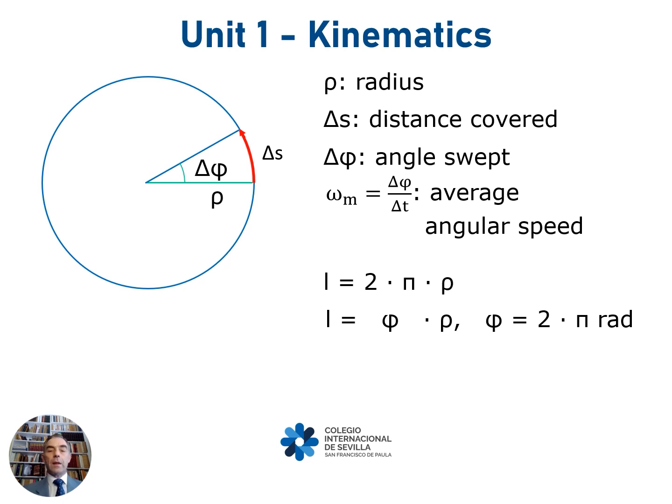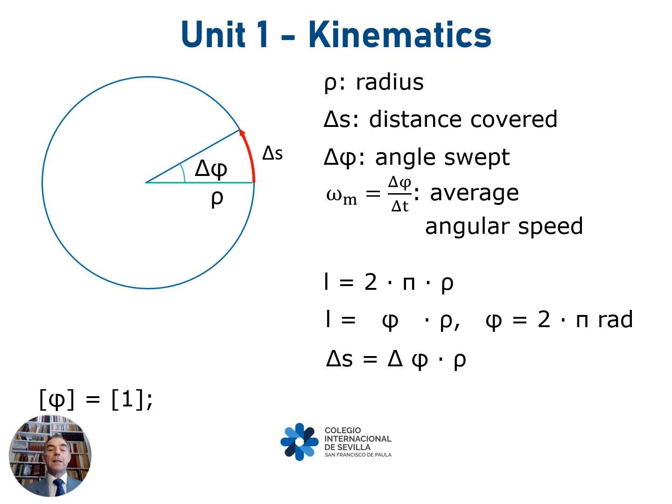So, given that the length of the arc is the angle times the radius, we could say that for any circular motion, delta S, the distance covered, equals delta phi, the angle swept, times the radius. The angle has a dimension of 1.